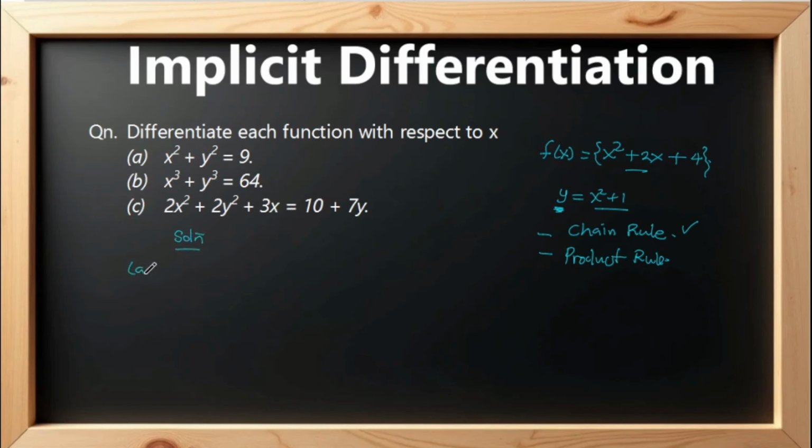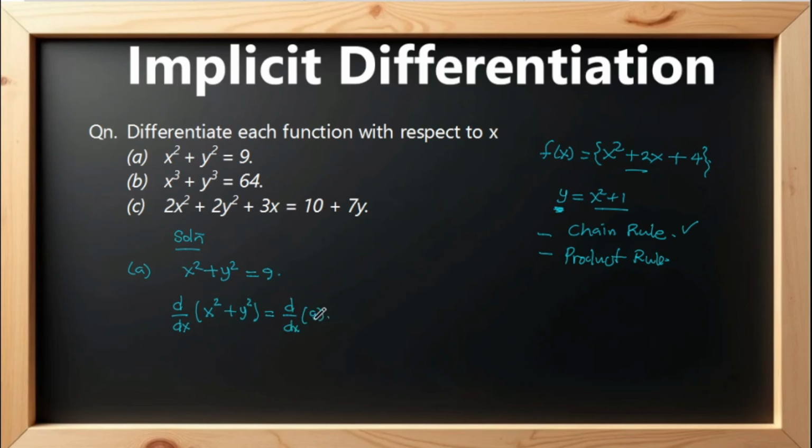Our first question is x squared plus y squared equals 9. Now here we can differentiate with respect to x, and this is the style of writing. So we have x squared plus y squared, meaning we're differentiating the left hand side with respect to x. Then we also do the same to the right hand side.